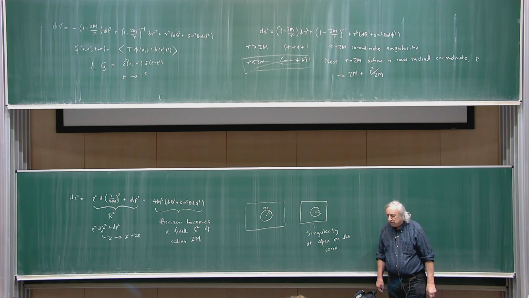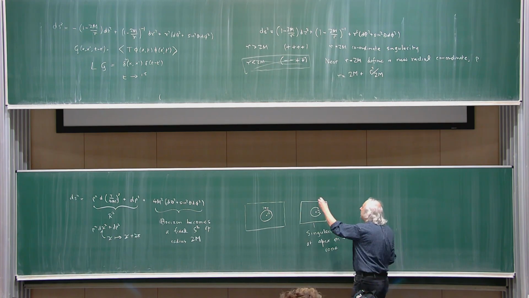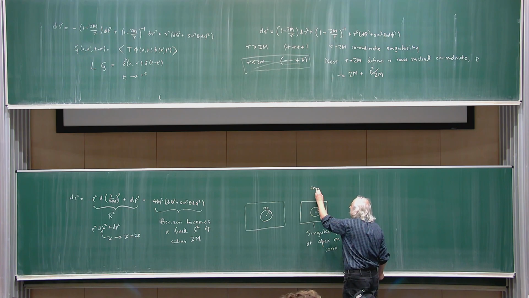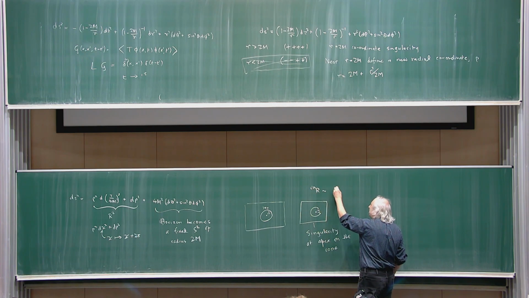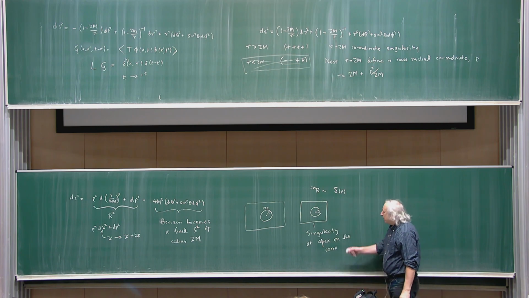If you calculate the scalar curvature in such a space, you will discover that the two-dimensional scalar curvature of this thing has a delta function at the origin. So that's no good. That wouldn't be a solution of the Einstein equations.